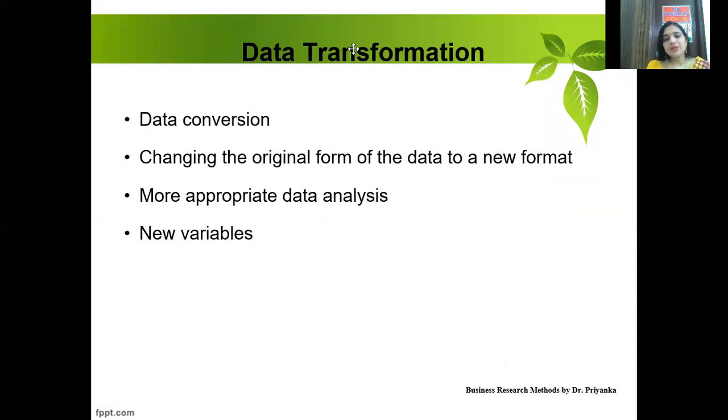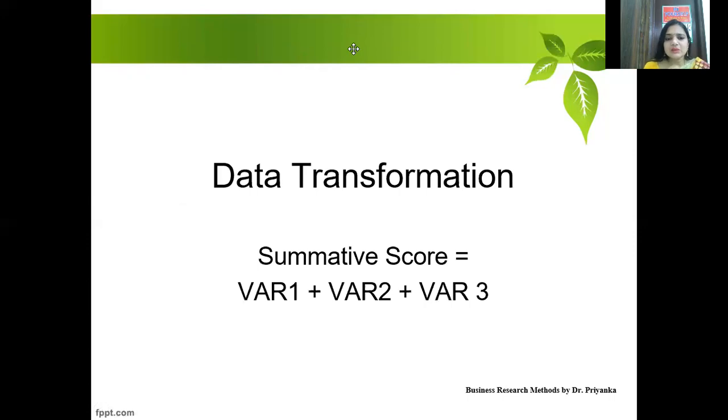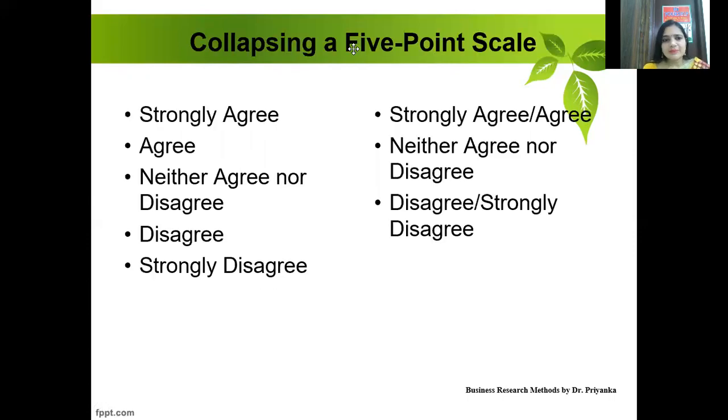For example, we have used a Likert scale in one example to ask people about their preferences, right? For example, you might say collapsing a 5-point scale to a 3-point scale. Why are we doing this?